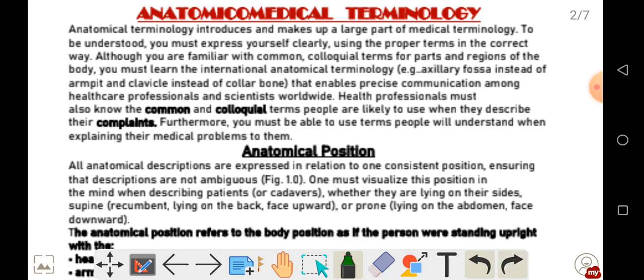One must visualize this position in the mind when describing patients or cadavers, whether they are lying on their sides, supine, recumbent, lying on the back, face upward, or prone, lying on the abdomen, face downward.